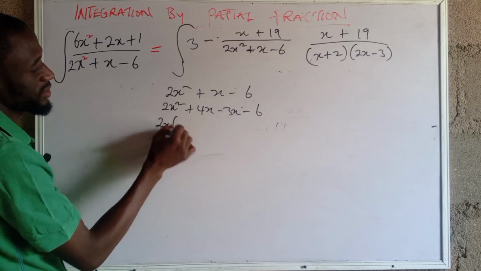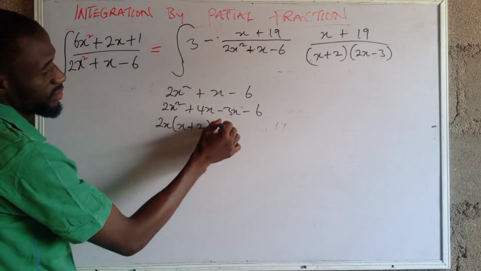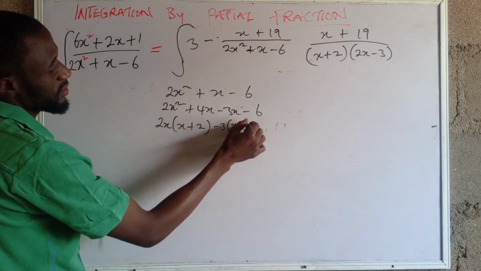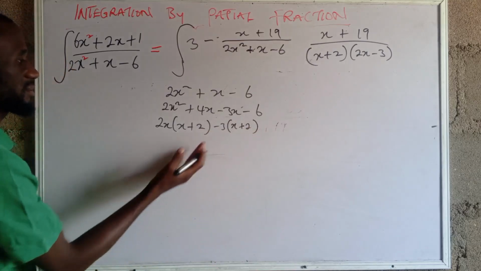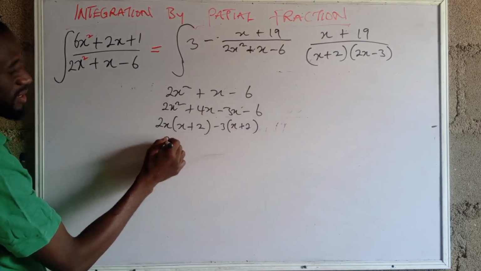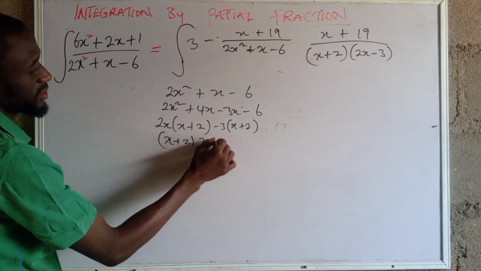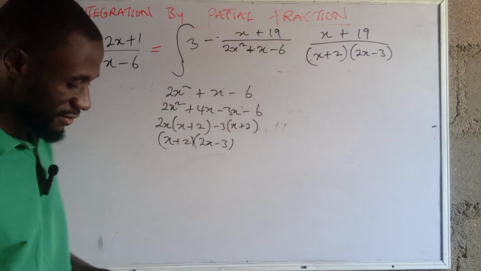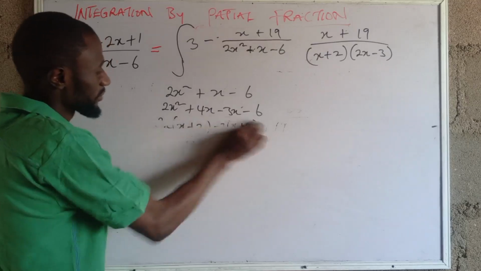Here you have 2x into x plus 2, minus 3 into x plus 2. That is, if you expand the bracket, you go back to the equation. The factors here are x plus 2 and 2x minus 3. This is where we resolve into this step. Okay, that is, we factorize the denominator.